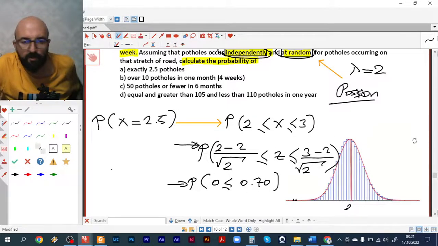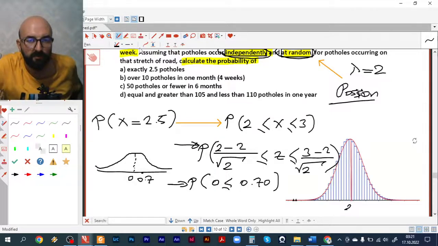I want to draw the normal distribution curve for the z value. 0 is here, 0.7 here, and we want to figure out less than or equal to 0.7, so it shows us the big area.